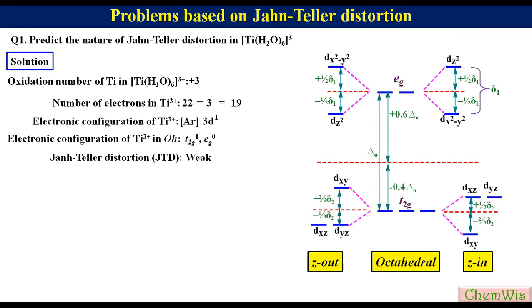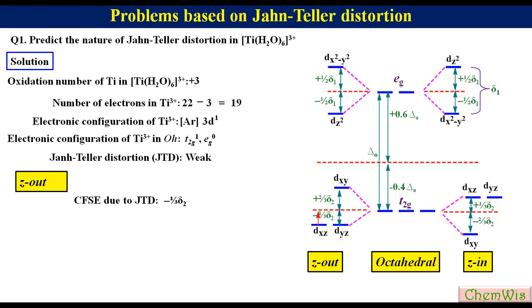This is the crystal field splitting diagram showing splitting of d orbitals in regular octahedral environment along with their splitting during Z-in and Z-out distortion that we have discussed earlier. If the distortion is Z-out, the electron will be here. Under that situation, the CFSE due to Jahn-Teller distortion will be minus 1/3 delta 2.